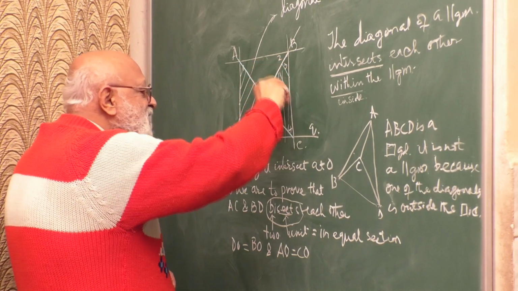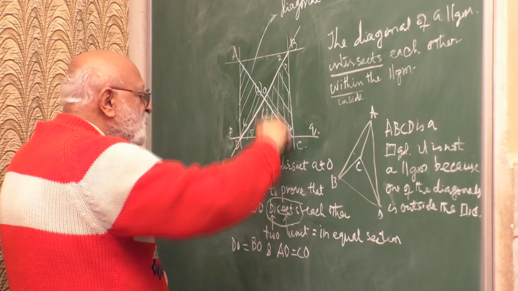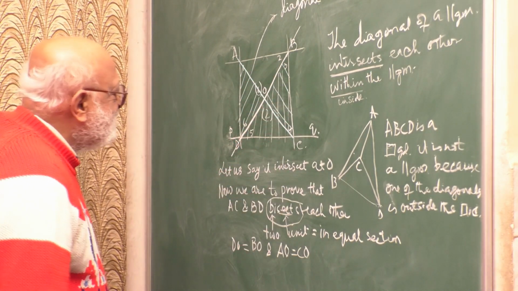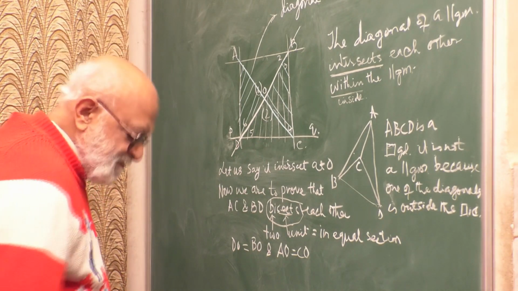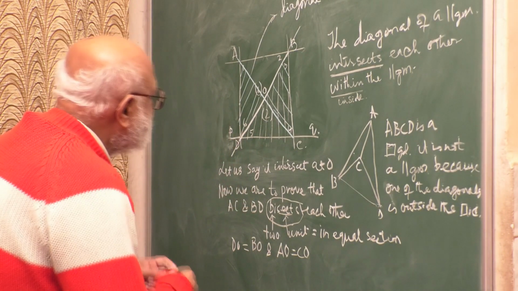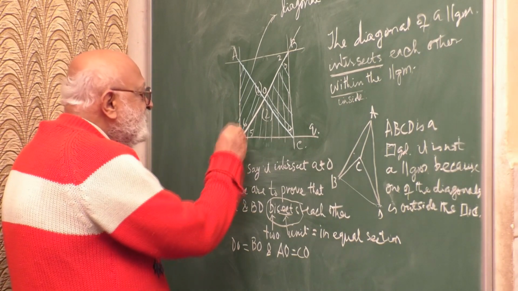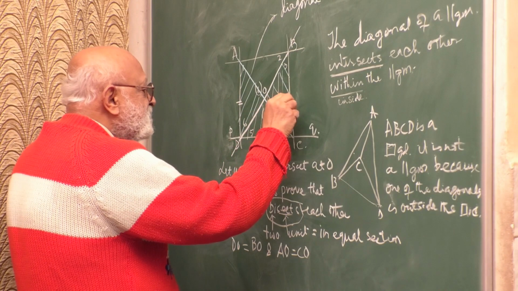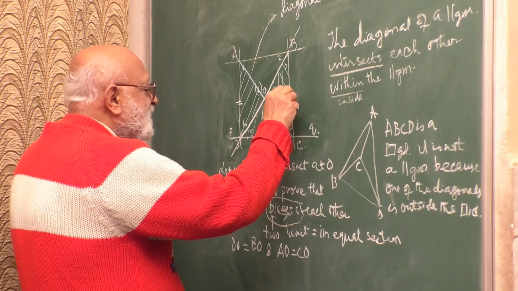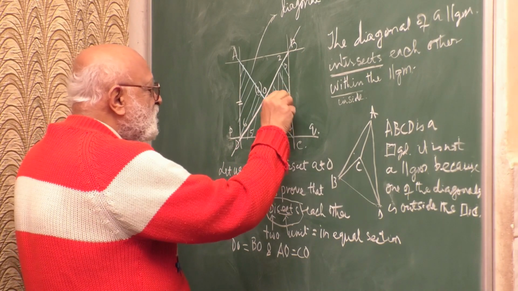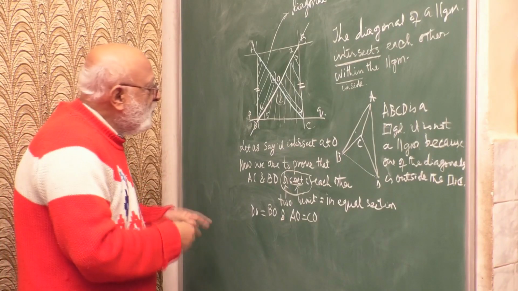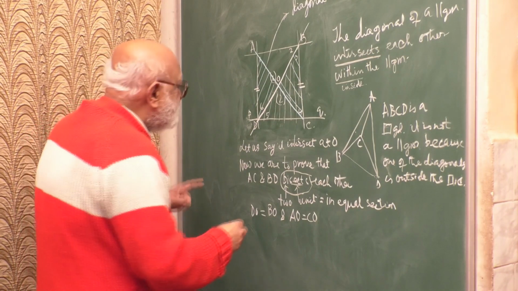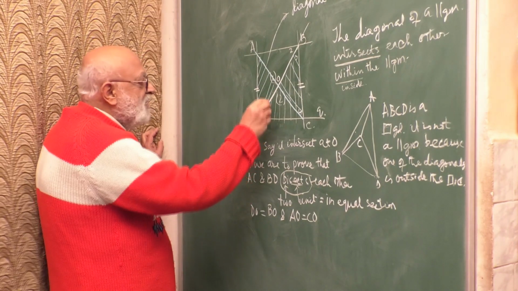If I pick up these two triangles, then I can easily prove that this, already proven, is equal to this. Now we have taken these two triangles. Let us start here.